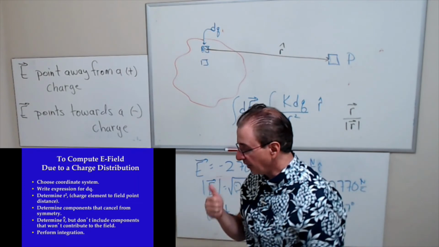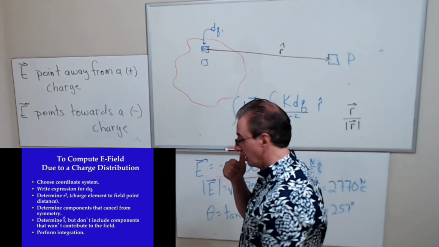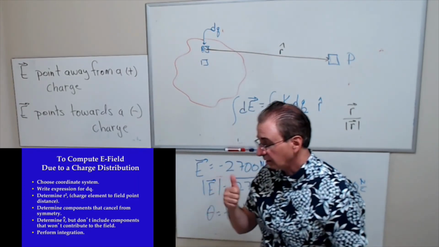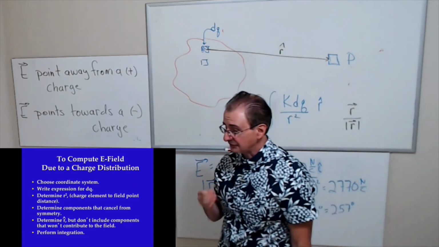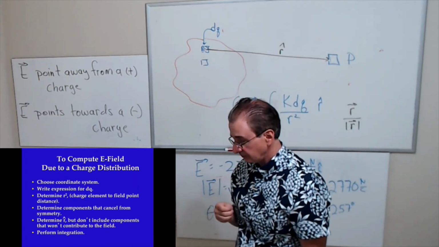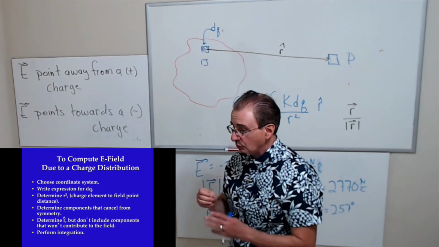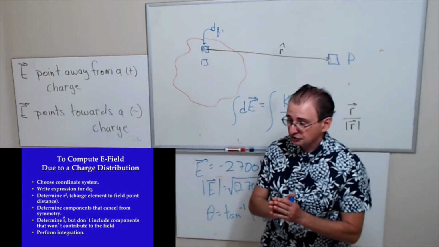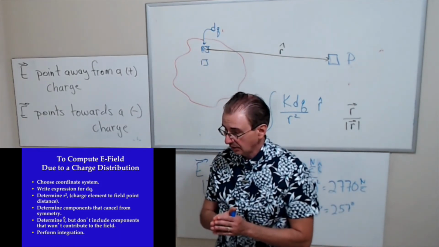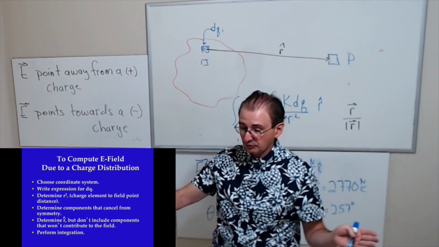Now, the r hat can be a pain to do, but a lot of the problems we're going to be doing have symmetry to them. Okay? And so if we can argue that certain components cancel, then we don't have to write the entire expression for r hat.